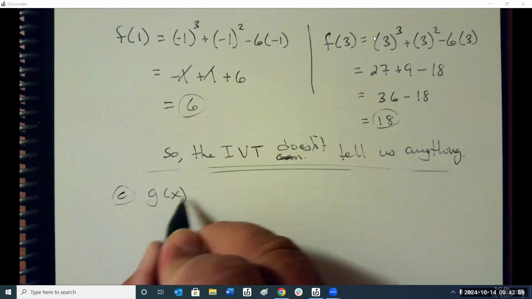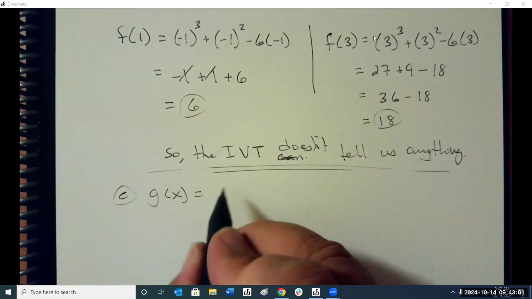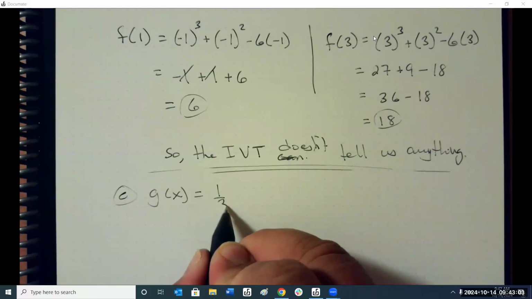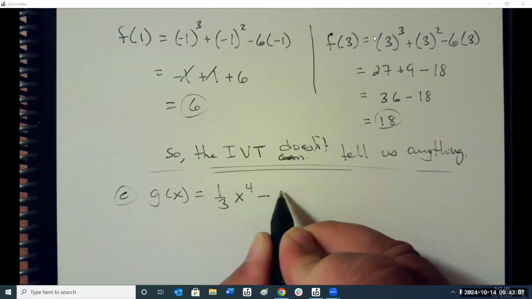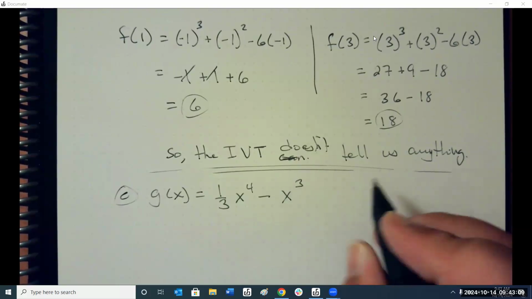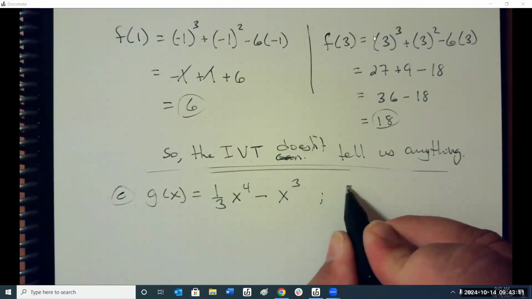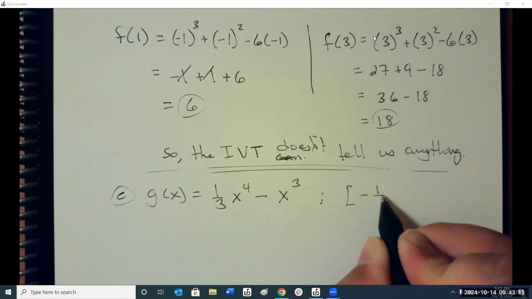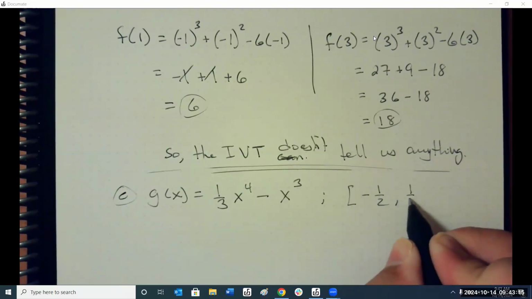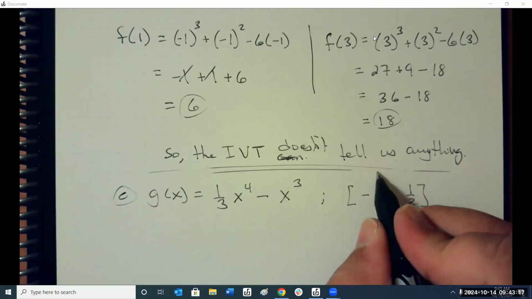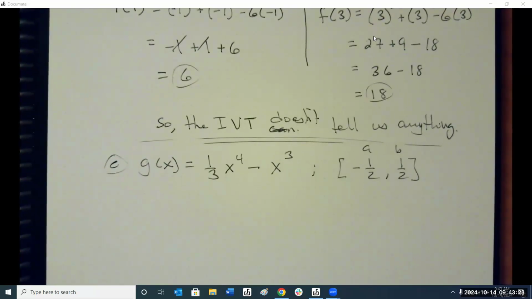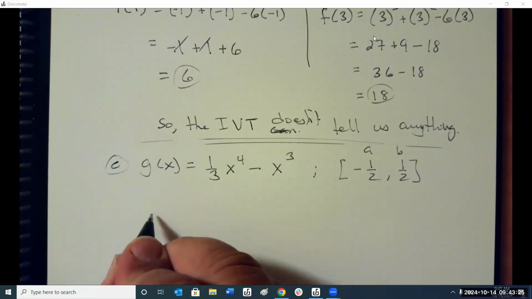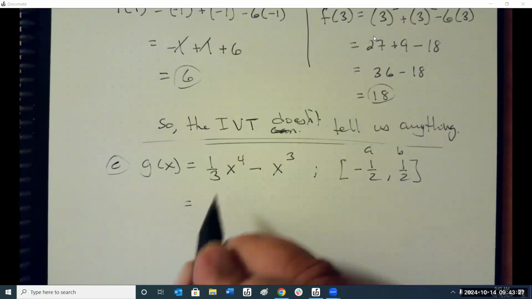So we're going to use g of x equals 1/3 x to the fourth minus x cubed on the interval -1/2 to +1/2. This is A and this is B. So let's look at the first one.